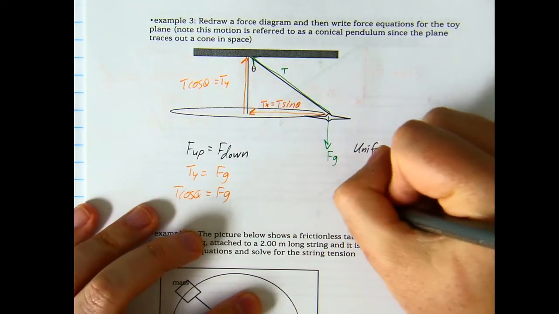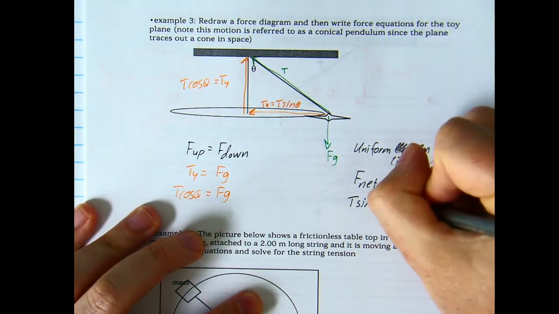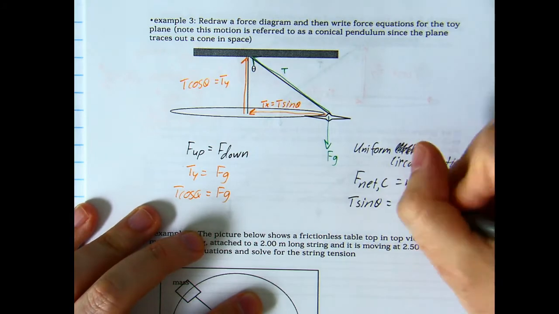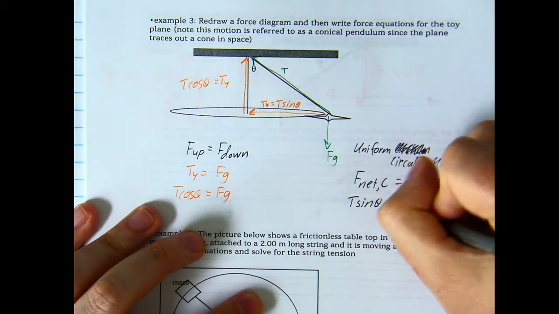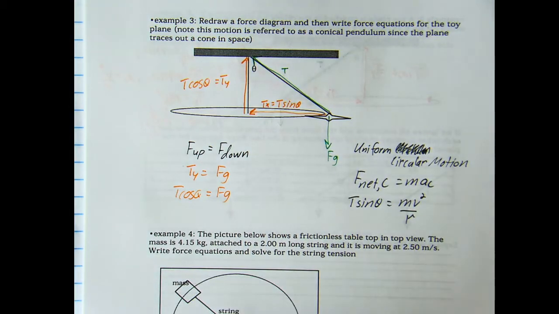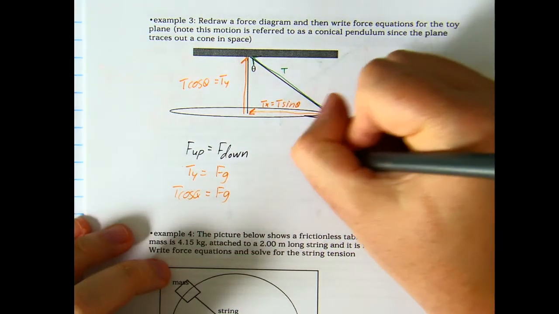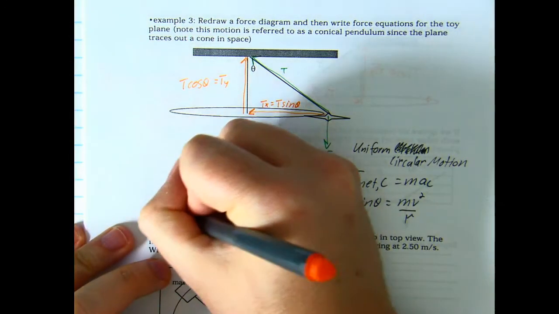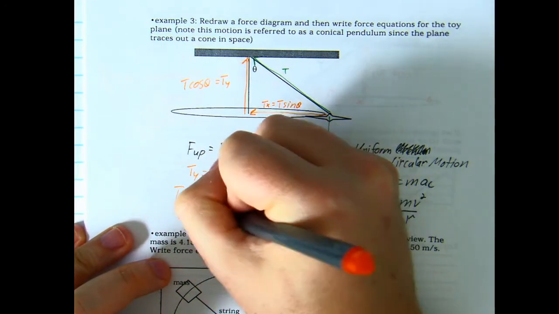I get T sine theta equals m v squared over R. Actually, there's one more piece I could do here. We know Fg equals mg, so T cos theta equals mg.